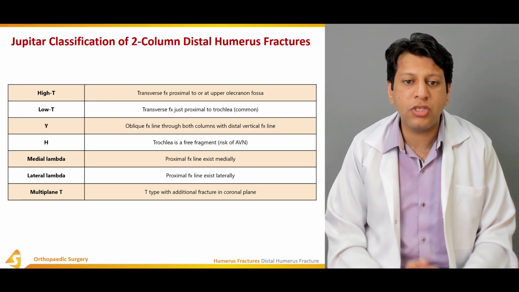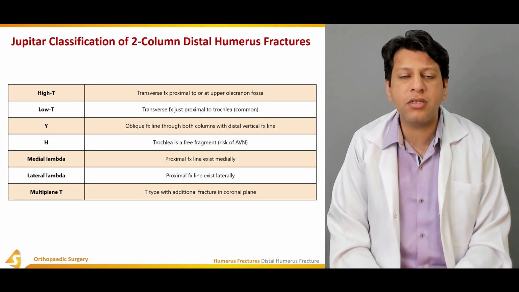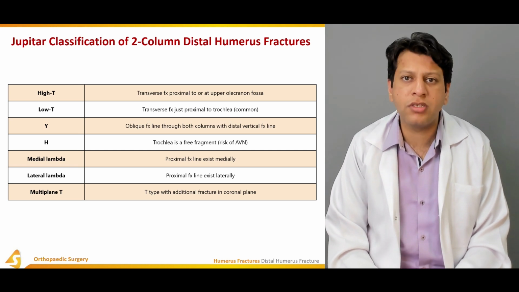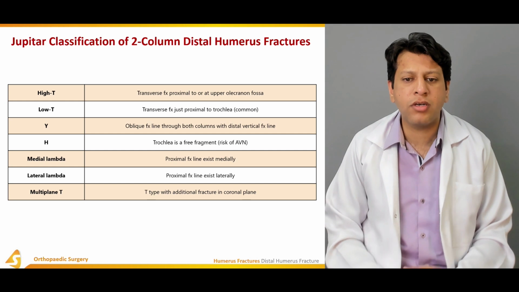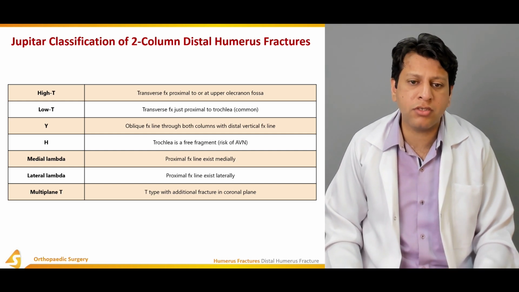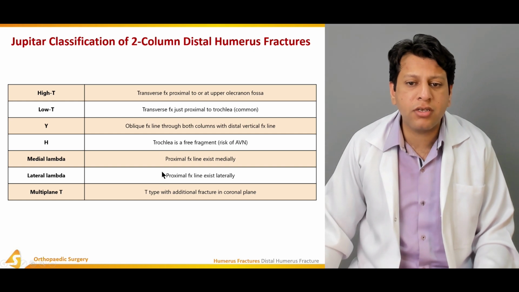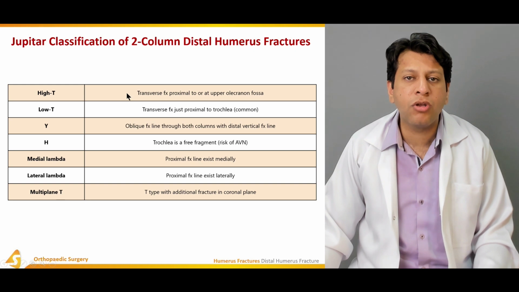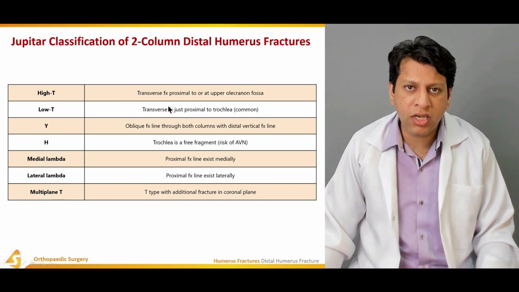The geometrical classification is basically a kind of classification for adults as well as children. It gives you a brief classification system for the geometry of the fracture. High T type means it's a T-type transverse fracture above the olecranon fossa. Low T-type would mean a very small T-type fracture.